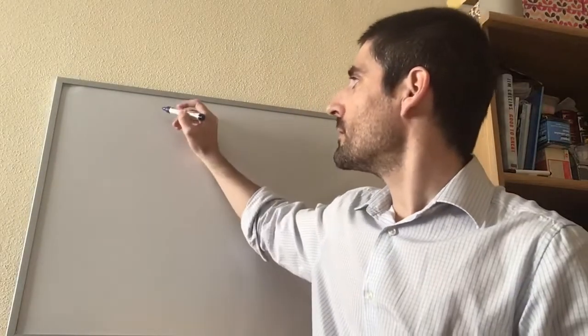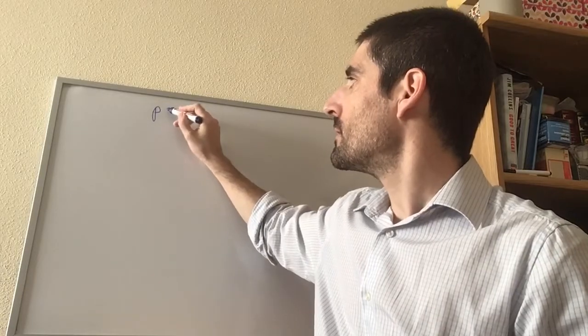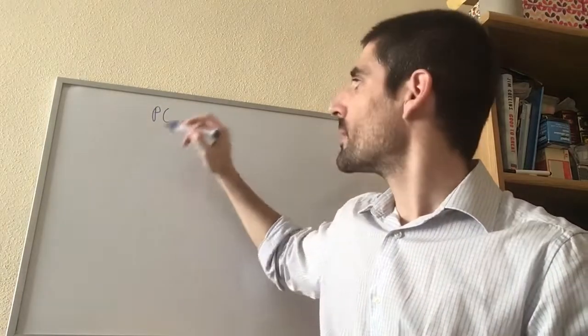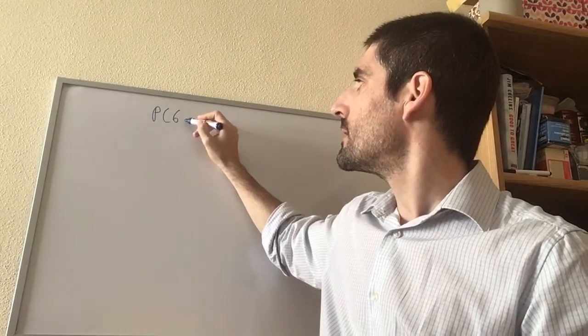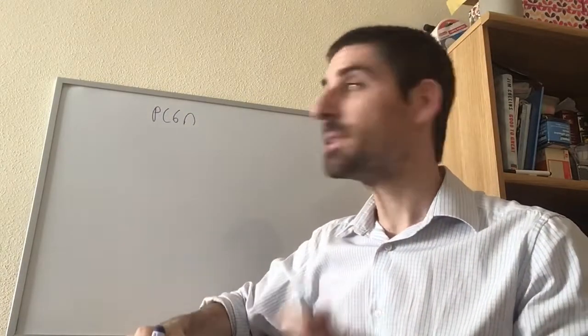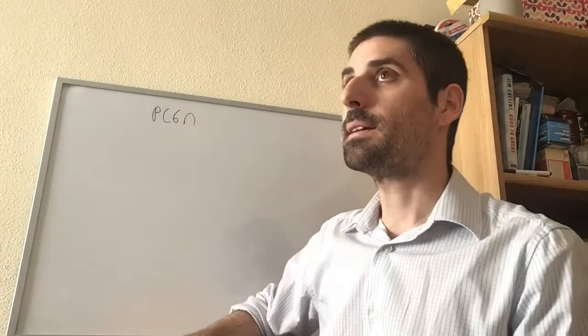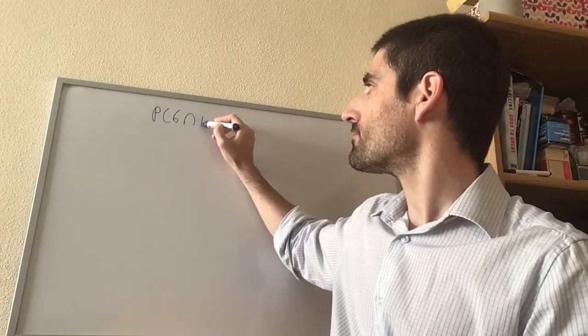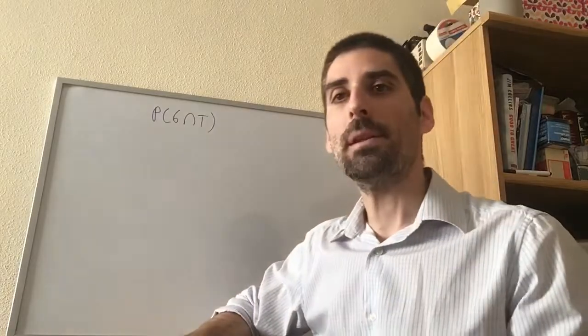Okay? So I want to find the probability of rolling a 6 and, because remember, intersection in set notation means and, the probability of rolling a 6 and a tail. What's the probability of that?